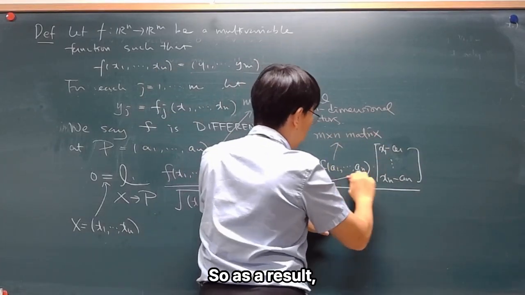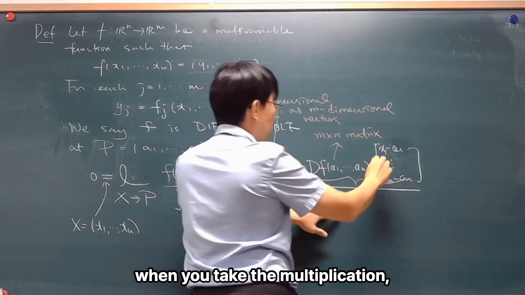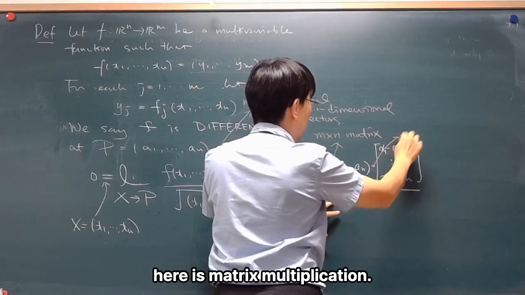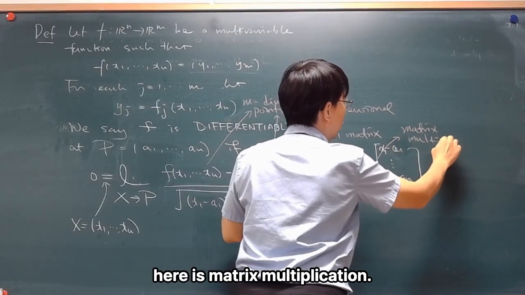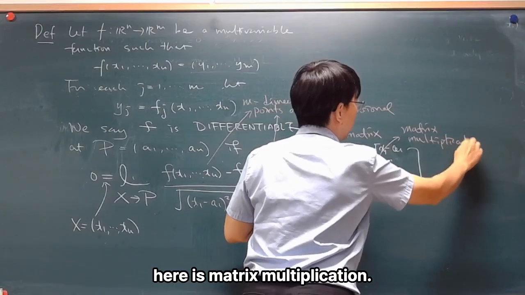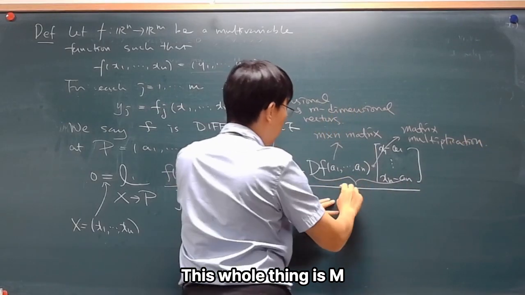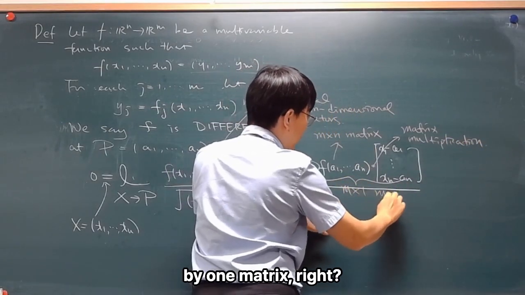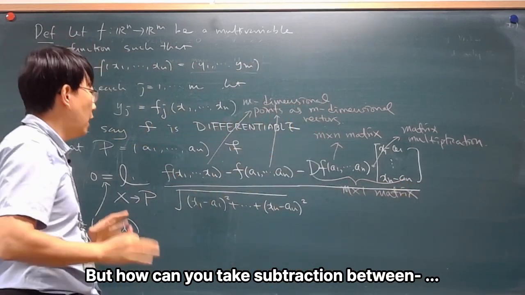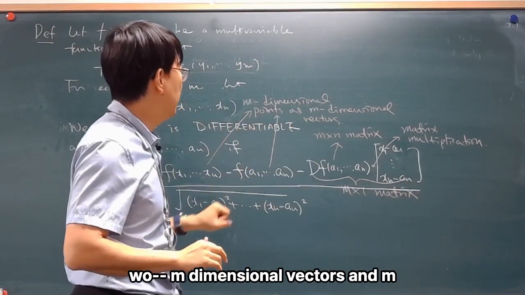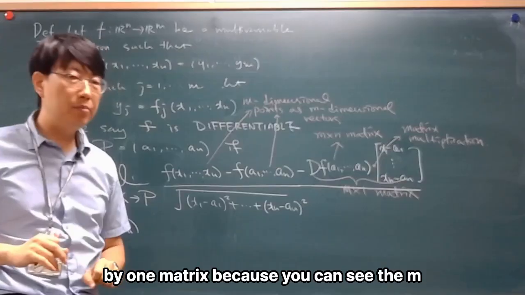So as a result, this thing here is matrix multiplication. This whole thing is an m by 1 matrix, right? But how can you take subtraction between m-dimensional vectors and an m by 1 matrix?